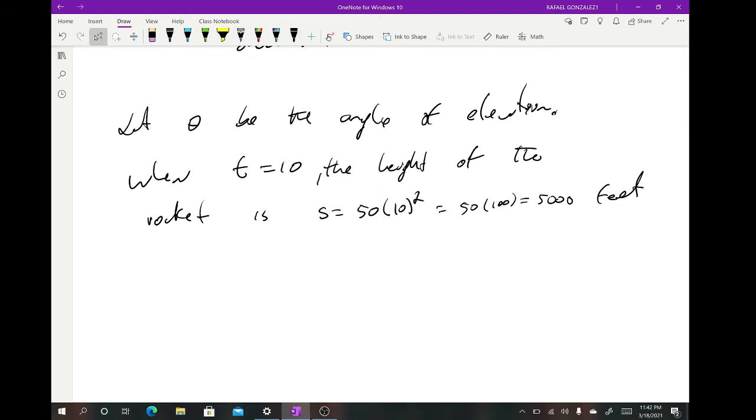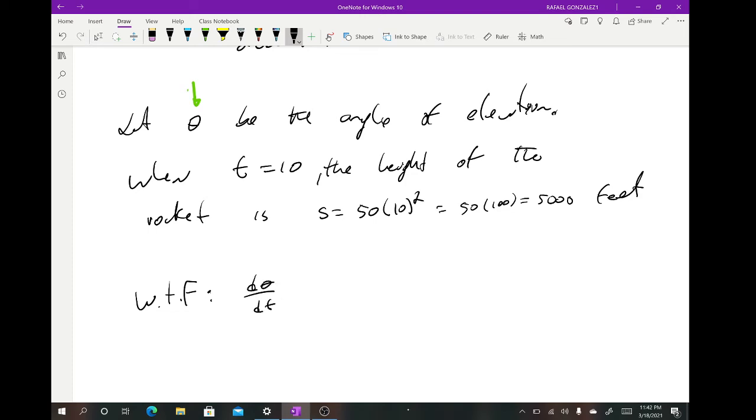Now, we want to find the rate of change of the angle of elevation. Remember, the rate of change is always going to be given by the derivative of the variable with respect to time. So the derivative of theta with respect to time t is d theta dt.